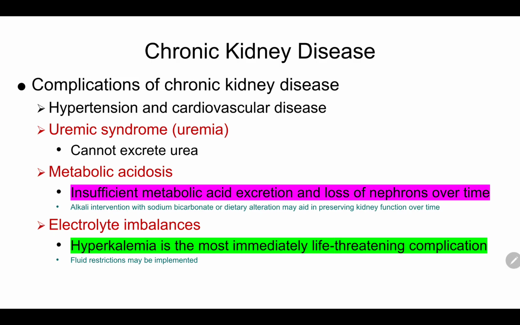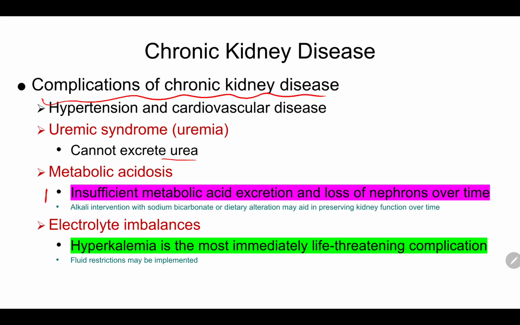So you got to remember the complications of kidney disease, right? A couple of questions will come from that, right? Number one, hypertension and cardiovascular disease, right? You'll see uremia, and that's because you can't excrete urea.